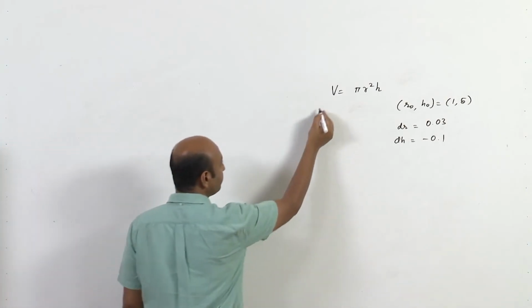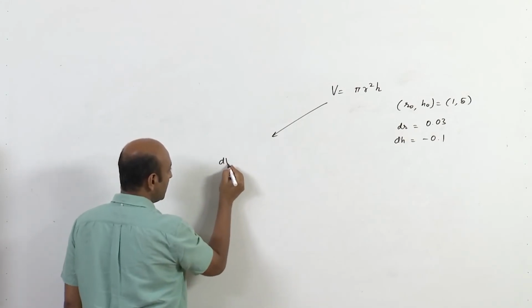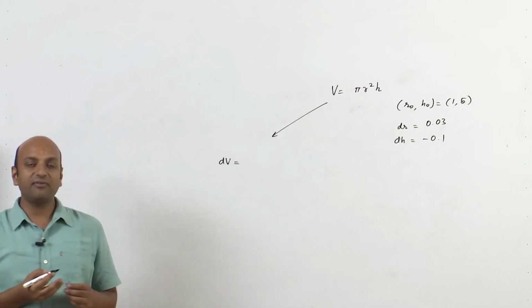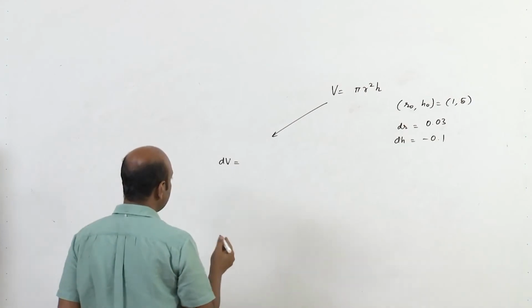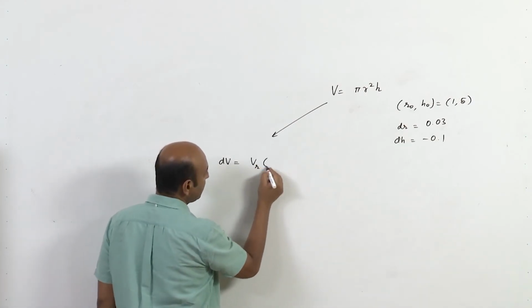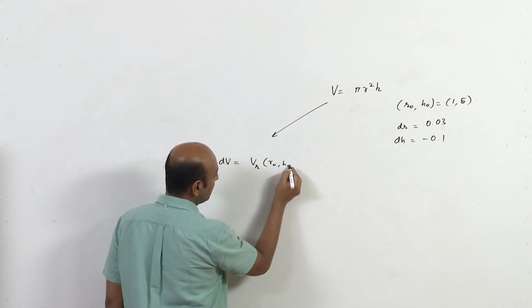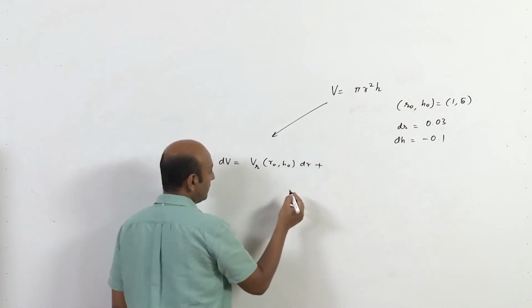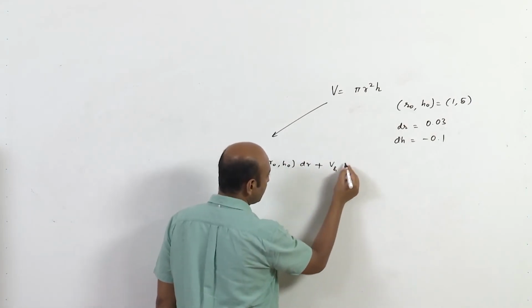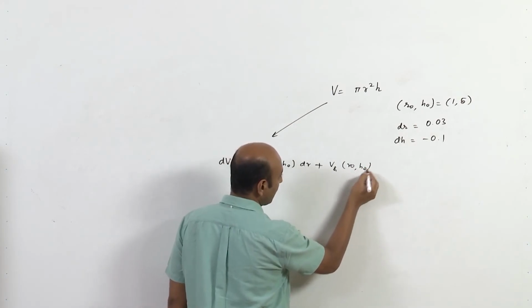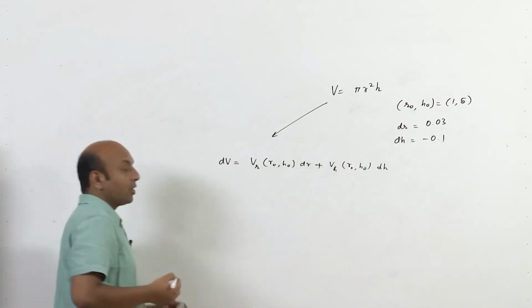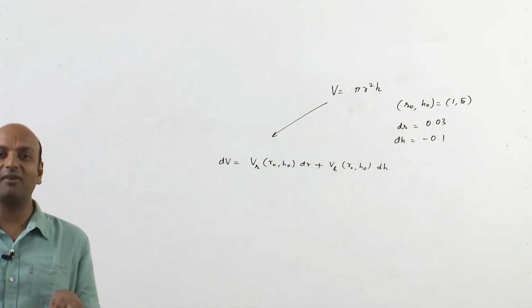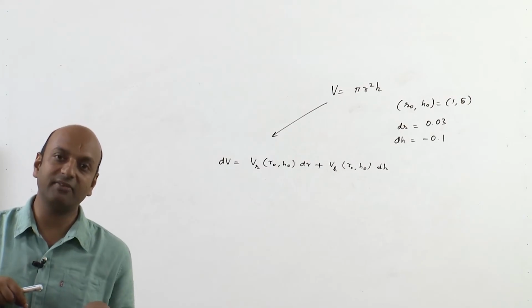How can you find that? First, we find dv. Now here v is a function of r and h. Okay. Instead of x and y, we have r and h. So, how can we define dv here? dv will be Vr at r naught, h naught into dr, plus Vh at r naught, h naught into dh, because here instead of x and y we have r and h as independent variables.